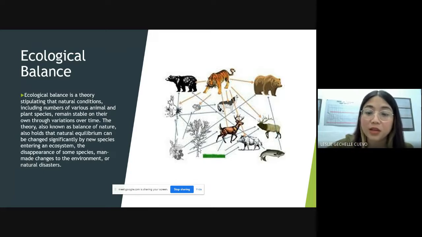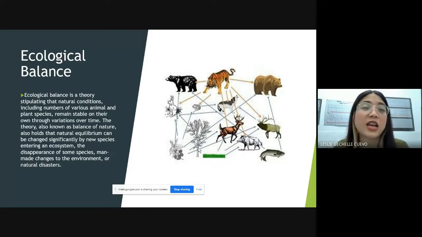Yung sinabing tulong yung para i-assess sila na lumago pa o lumaganap pa. Hindi nila kailangan yon kasi among themselves, they can live harmoniously. The theory, also known as balance of nature, also holds that natural equilibrium can be changed significantly by new species entering an ecosystem.